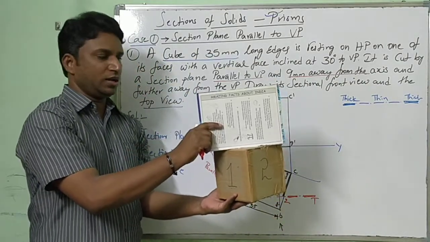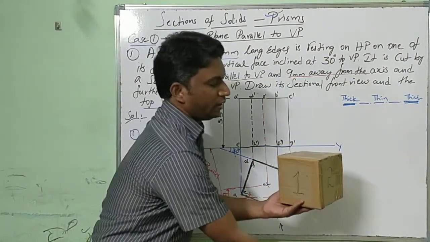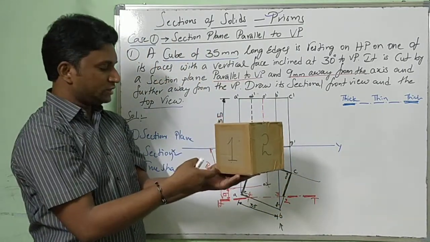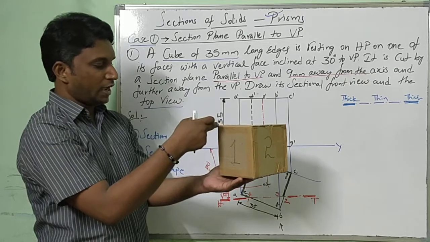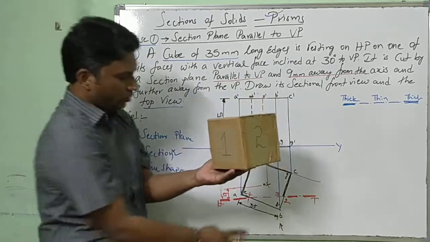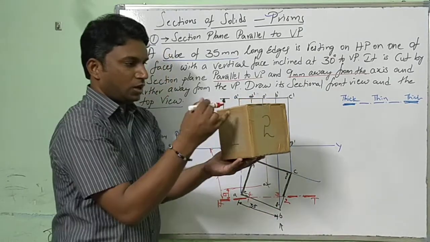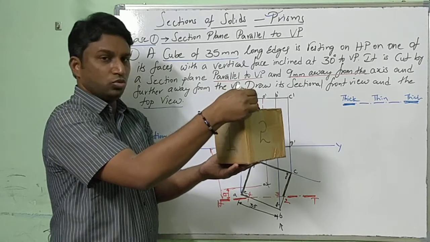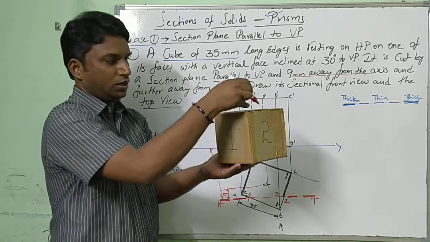When I have cut here, what happened? These 2 points, 4 points will come. Bottom is outside, outside what? A, B, C, D. When I have cut here, B is removed. Now at this particular location, 1. Here 2, here 1, here 2.